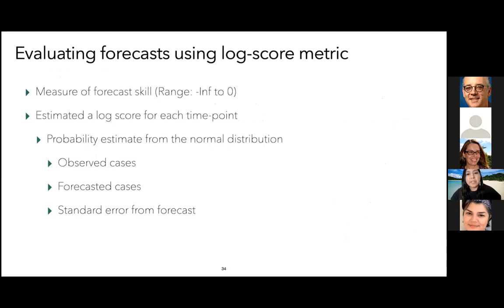And so to evaluate these forecasts, we used what's called a log score metric. So it's a measure of forecasting skill. We bounded it to range from negative infinity to 0, where an estimate closer to 0 signifies better forecasting skill. And we estimated a log score for each time point prediction, and did this by using a probability estimate that we generated by incorporating the observed cases, the forecasted cases for a particular month, and the standard error from that forecast.